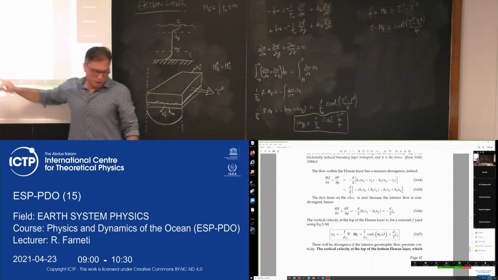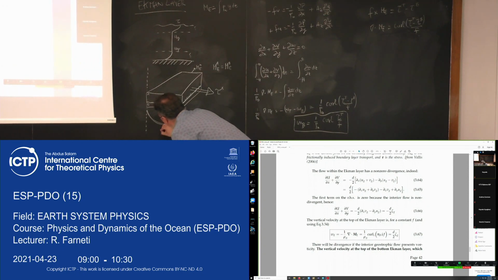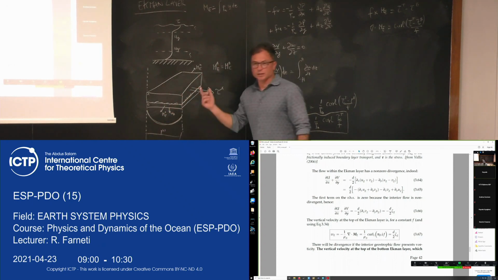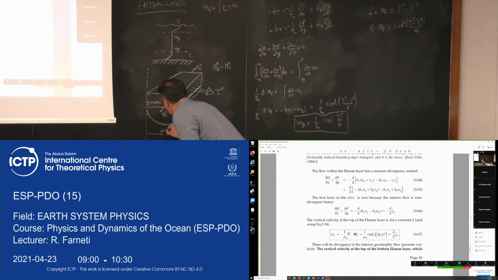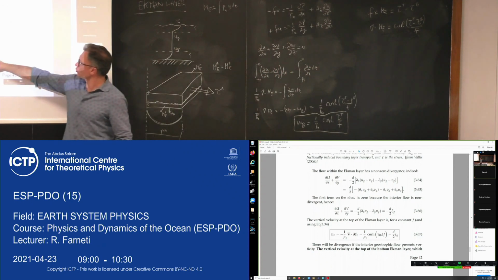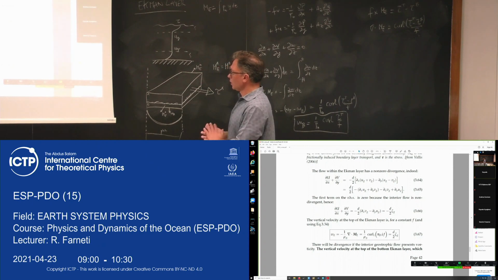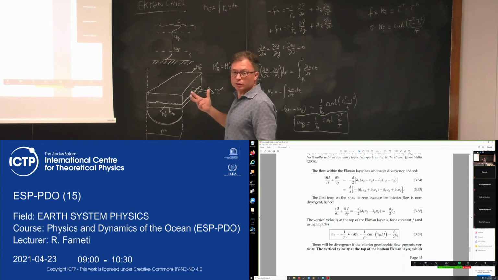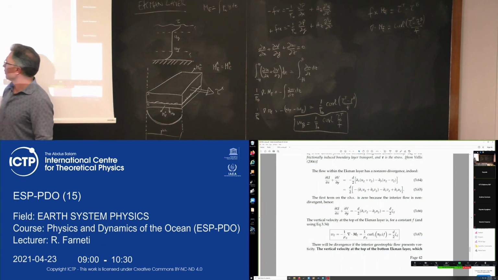So the vertical velocity at the bottom of the Ekman layer depends on the vorticity of the interior geostrophic flow. The interior geostrophic flow has vorticity, and that is the input of vorticity for the bottom boundary layer generating this vertical velocity.